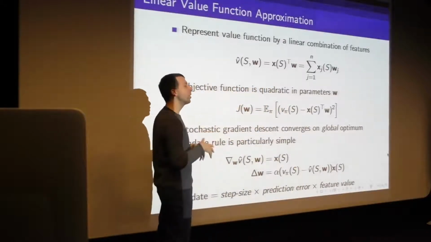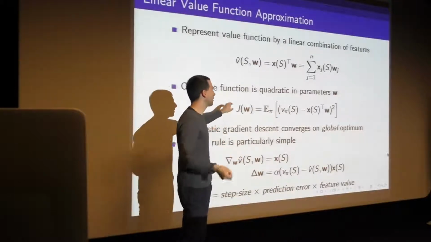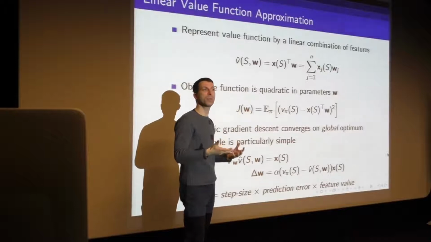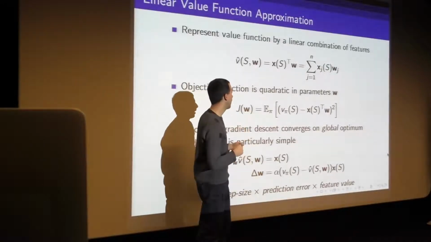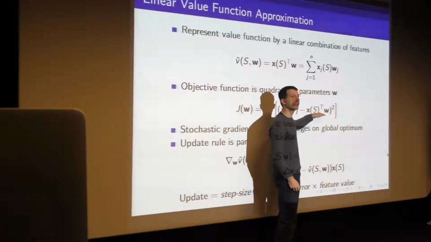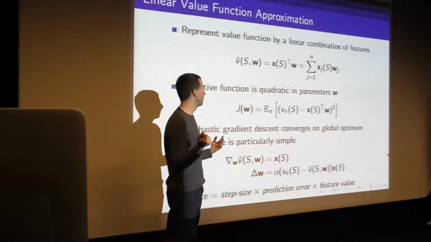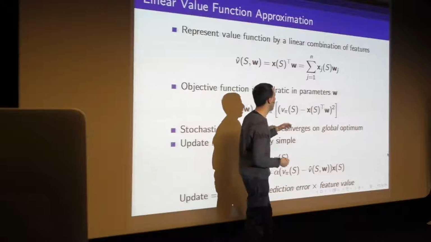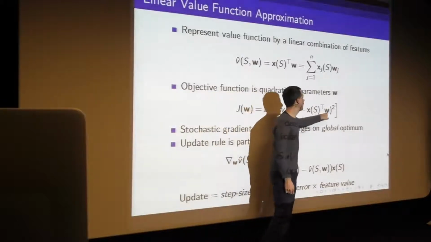So one of the nice things about this sort of linear value function approximation is that the objective function, this mean squared error that we want to optimize, like our measure of fit between the true value function and our estimated value, is now going to be convex. It's going to be a quadratic. You can see it's a quadratic because if we consider our parameters w, we've got this squared error here.